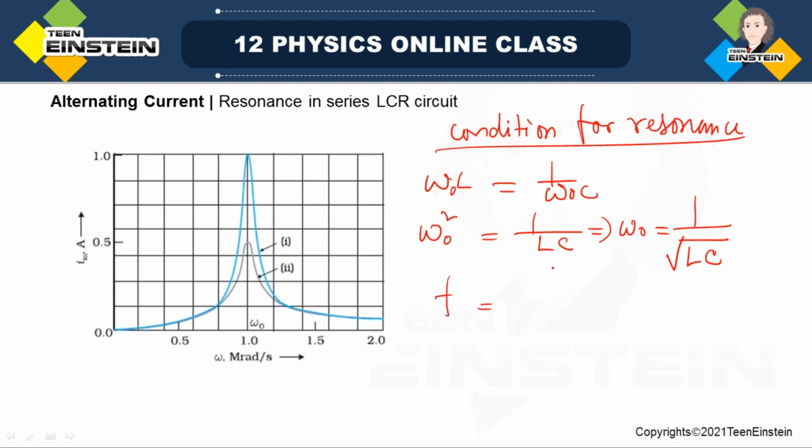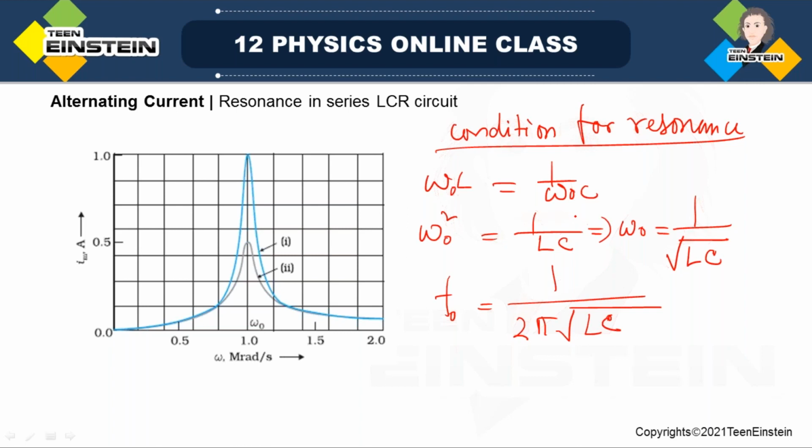You can find out the linear frequency just by dividing this by 2 pi, so f0 is 1 by 2 pi root over LC, the frequency at resonance condition. If L is the inductance of the inductor coil, and C is the capacitance of the capacitor, and these two are known, you can find out what is the frequency of resonance of any particular LCR circuit.